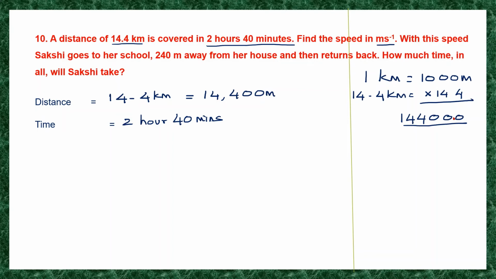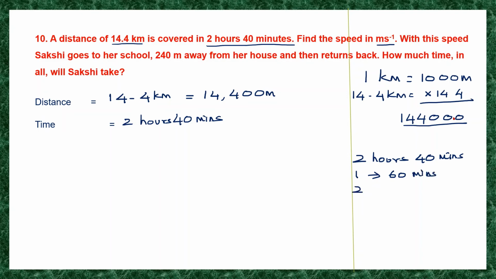Now let's convert the time. 2 hours and 40 minutes. We will convert it to seconds. So here we have 2 hours and we have 40 minutes. So first let's convert the hours to minutes. So 1 hour has 60 minutes.